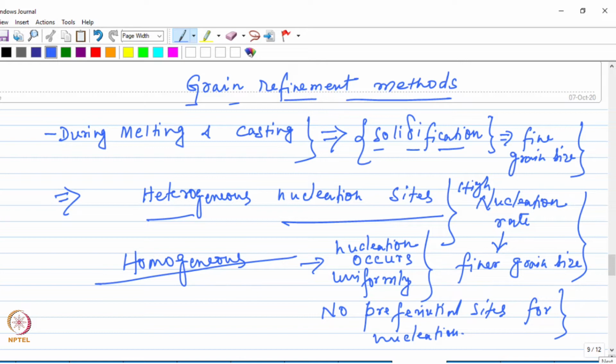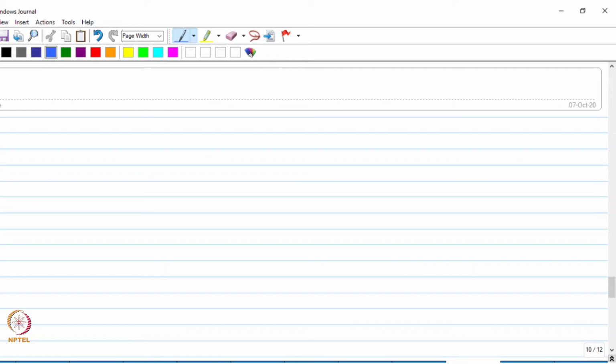So homogeneous nucleation occurs without the aid of any surface or any defects. And in this case, the surface energy will also play a role as a new surface is created. So let us talk about this first, then we'll come back to the heterogeneous case and see how it helps in refining the grain size.